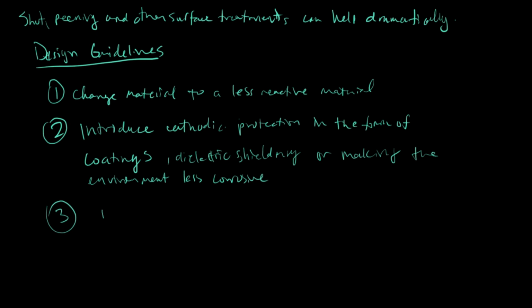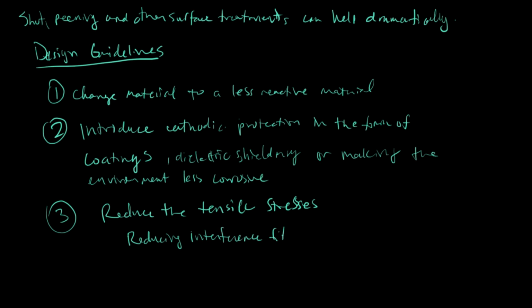The third thing you can do is reduce the tensile stresses. This can be done by reducing interference fits. Often you'll see corrosion that occurs on tight fitting interfaces that produce tensile stresses. You can use more material.